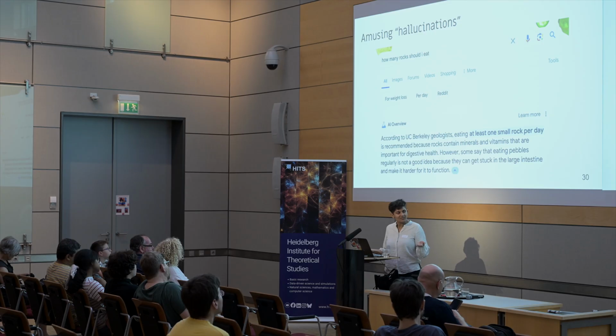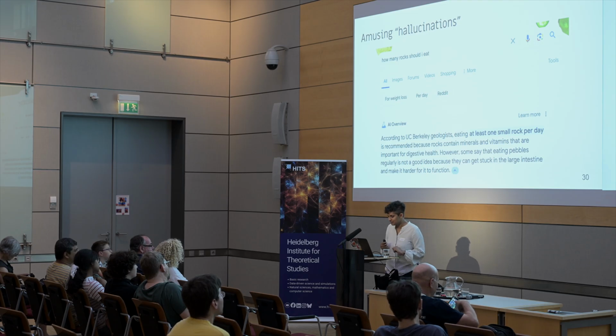But the point here is essentially that large language models are not optimized for facts or truth, right? They're optimized, as I showed you, to predict the most likely sequence of language that follows a text or that answers a question. And so this, by design, doesn't necessarily have any connection to reality. And that's why you get problems like this.